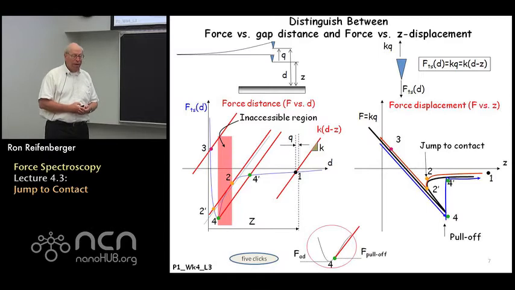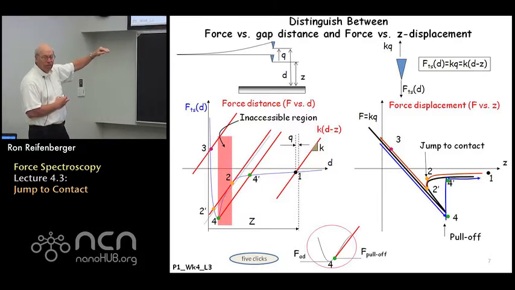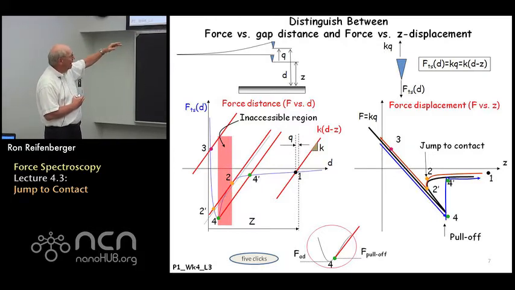I also wanted to point out there's a very fine distinction between the pull-off force and the adhesive force of the tip with the substrate. Technically, the adhesive force of the tip versus the substrate is defined as the minimum in the F versus D curve.